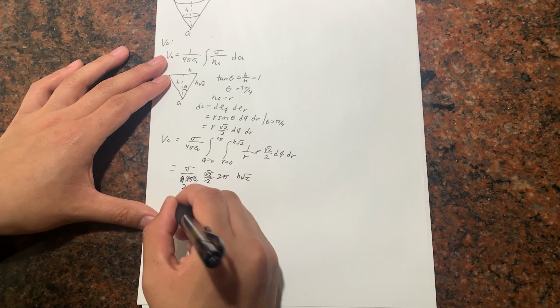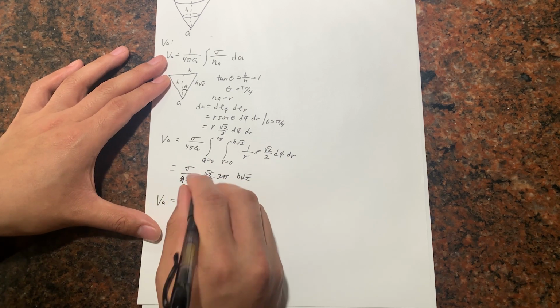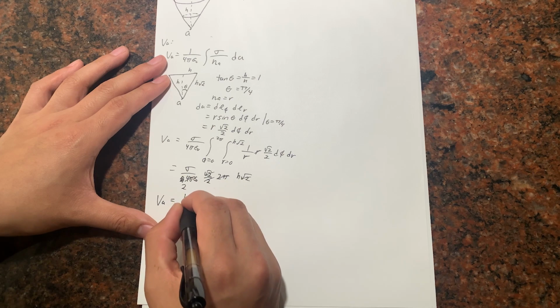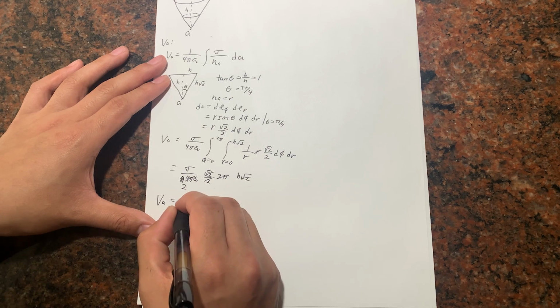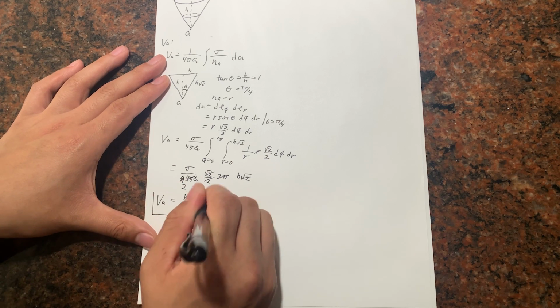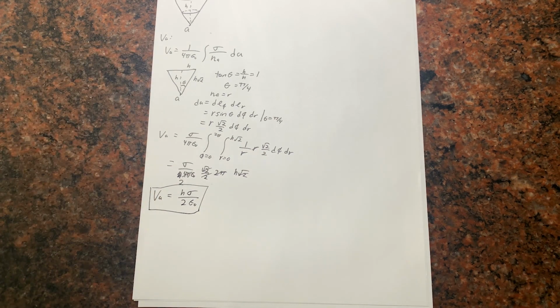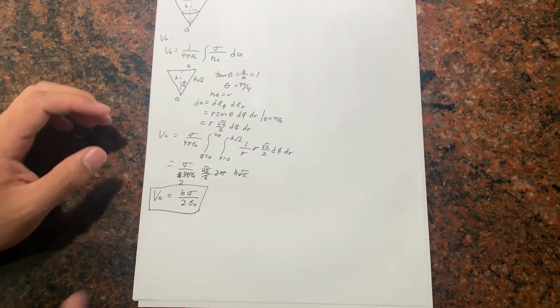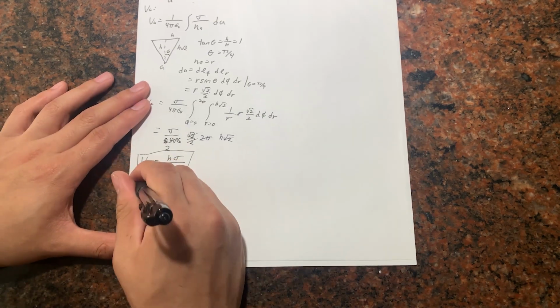So we'll be left with VA equal to h times the surface charge over 2 epsilon naught.